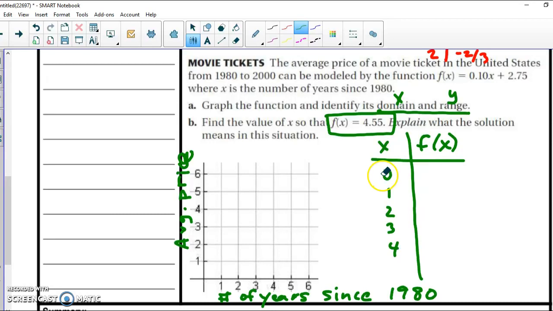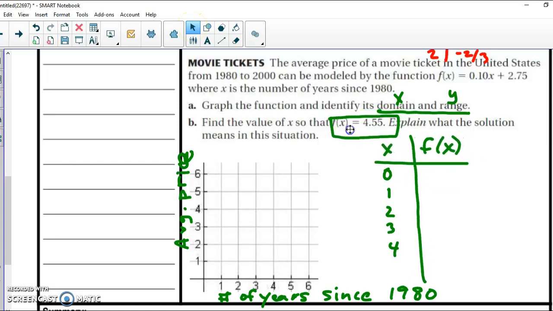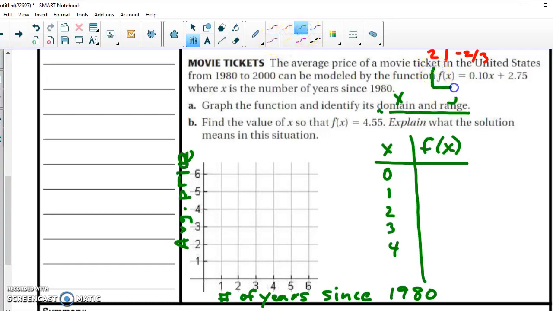So as I substitute 0 into f of x, oops, I'm sorry. Gosh, you guys, this is where I need you to be here to tell me when I'm underlining the wrong thing. Okay. Here is our function.